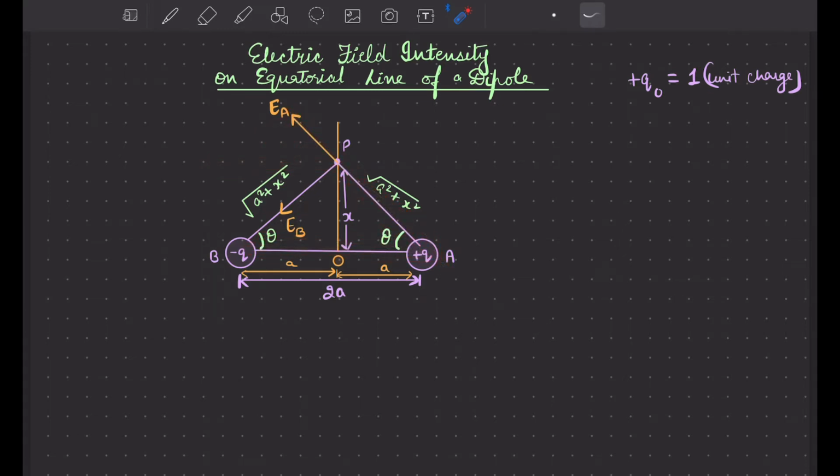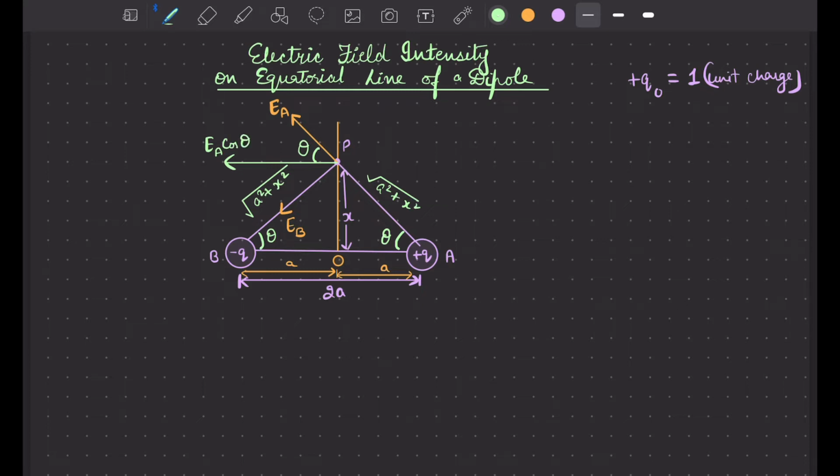If there are two parallel lines and this is a transversal, then this angle is angle theta because these are corresponding angles. So we are just going to mark a parallel line along this direction. Here we have angle theta, as we have seen that EA is making an angle theta with this direction. Therefore, the component of electric field which will act along this direction is EA cos theta.